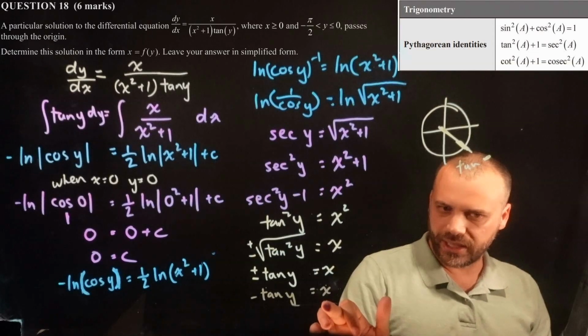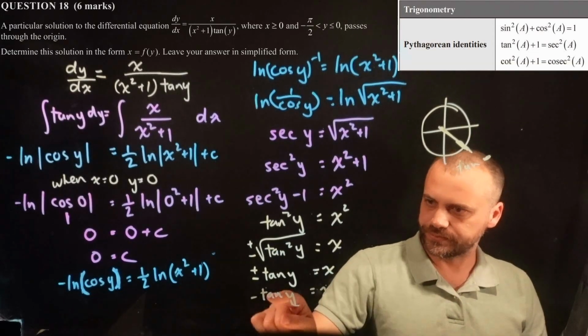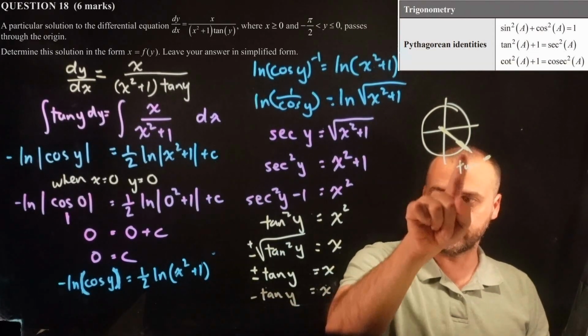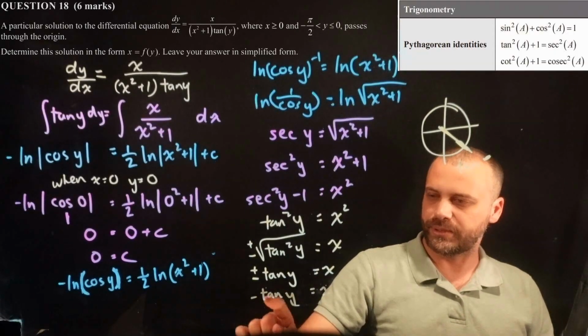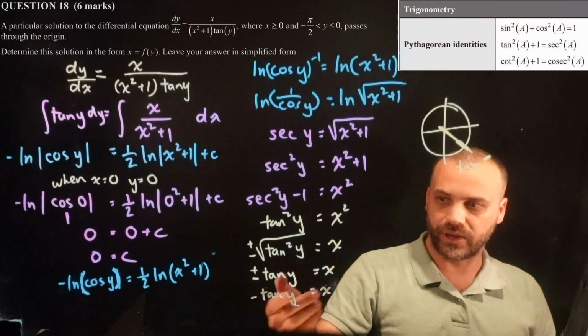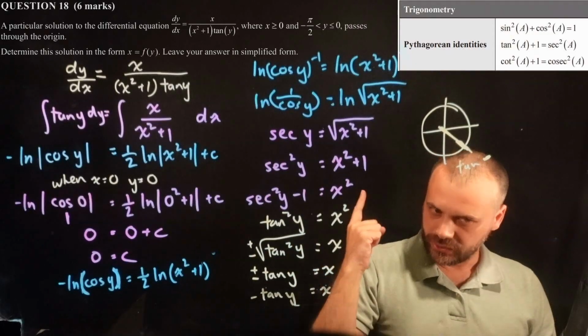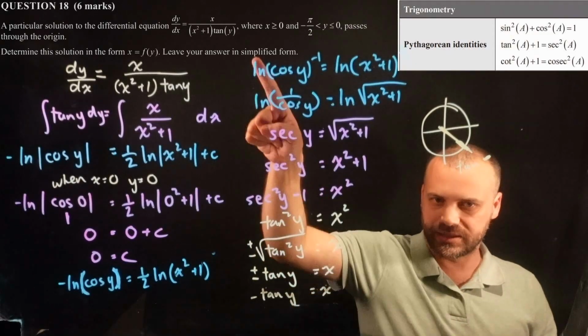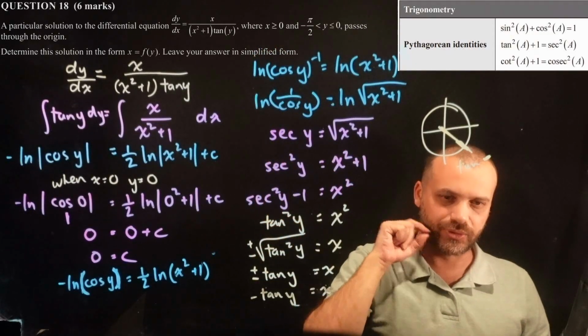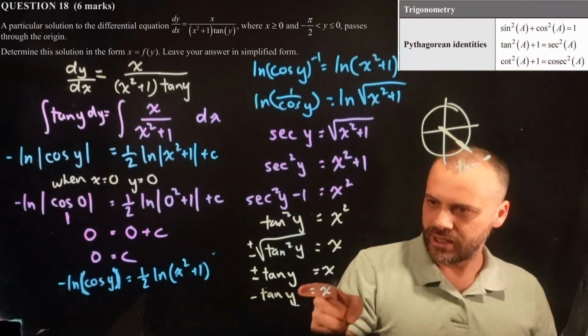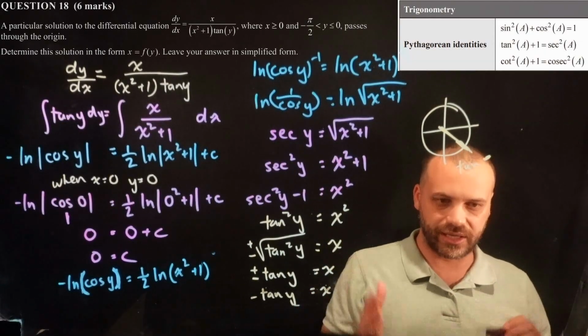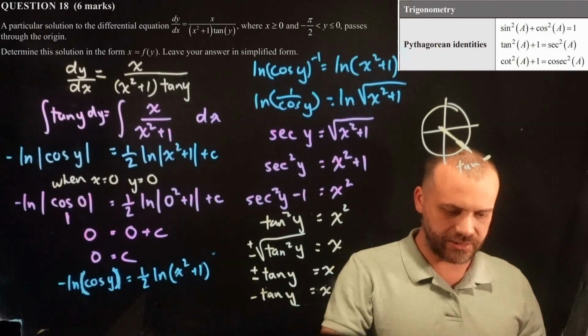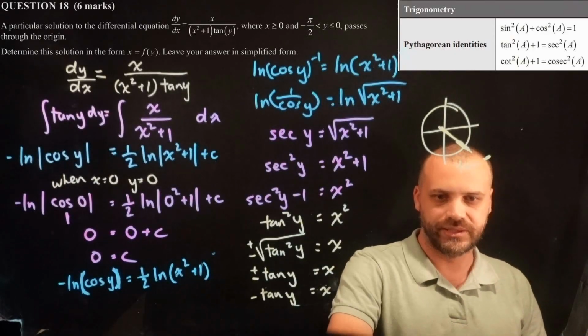Now that I've written that, let's take one more look at it. Tan y in the fourth quadrant is negative, but because I've said negative tan y, that's going to be positive, which is what we expect because x needs to be greater than or equal to 0. There is our final answer. X equals negative tan y.